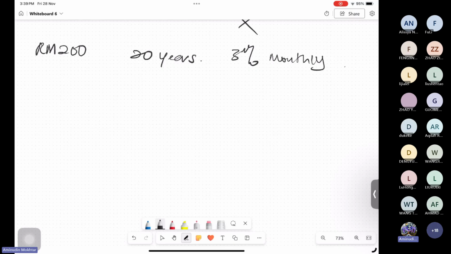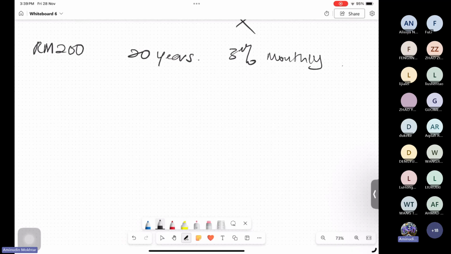Okay, how to estimate this number? We assume that every month Abu deposits 200 ringgit for 20 years.